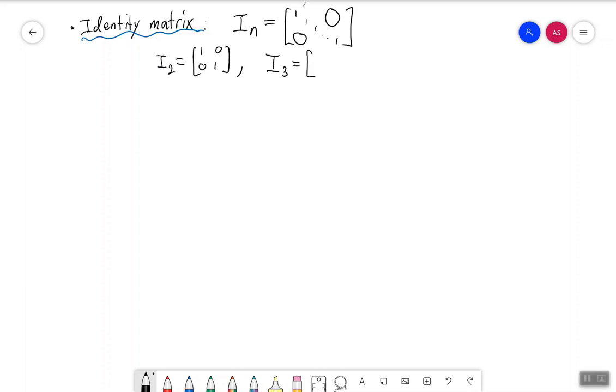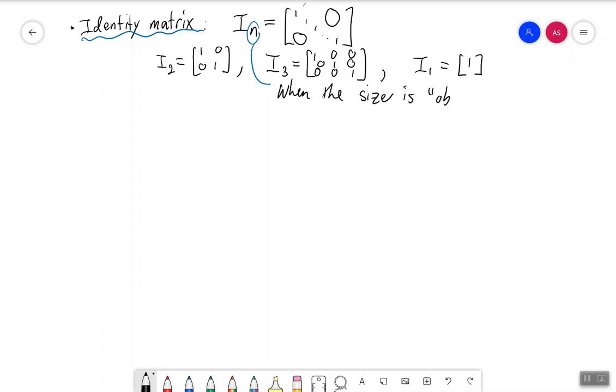I3 is 1, 0, 0, 0, 1, 0, 0, 0, 1. And in fact, we even have technically an I1, and that's just 1. Also, when the size is implied, or is kind of obvious from the context, we'll leave off the subscript.